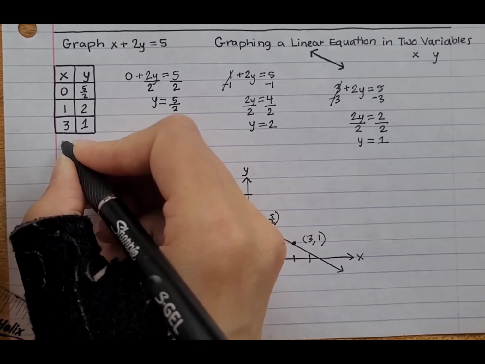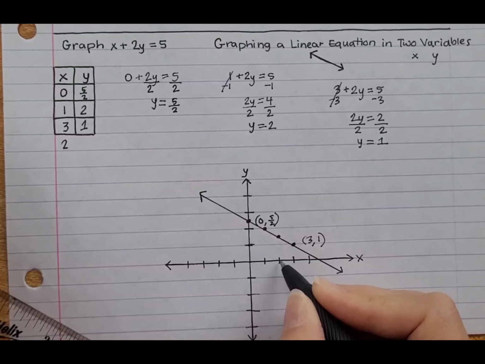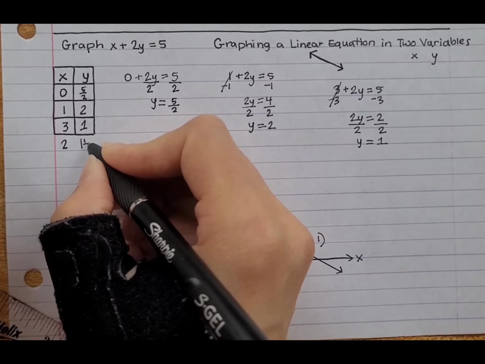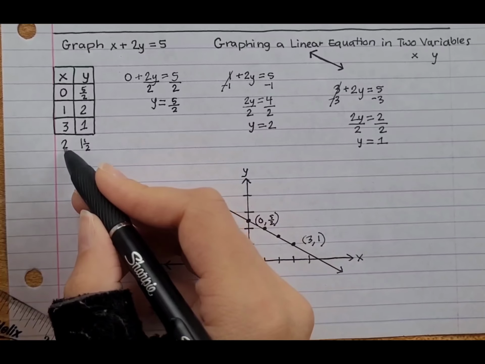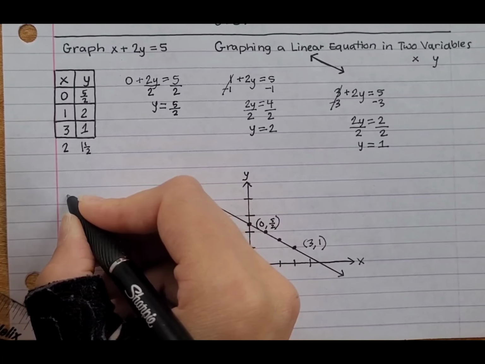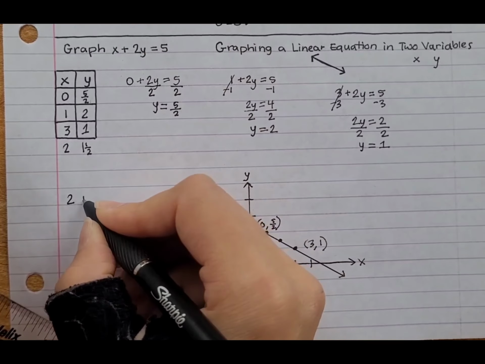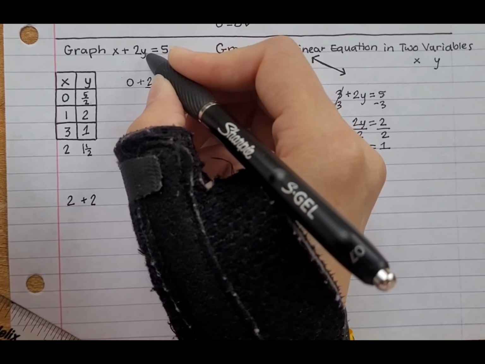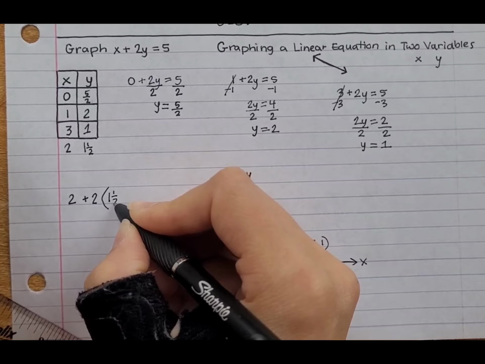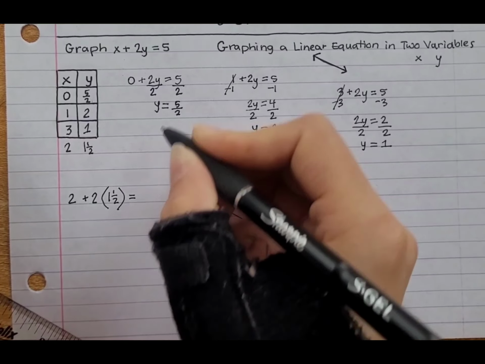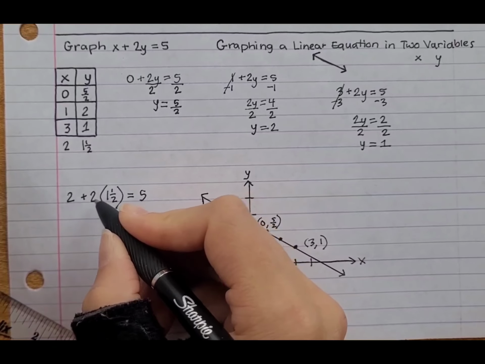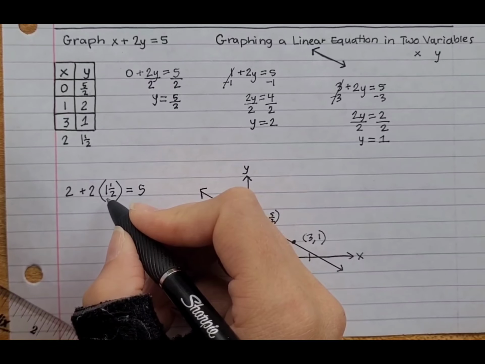So, over 2, up 1.5. So we went 2 over for the x and up 1.5. Okay, so 2 is our x, so that's going to go in for the x. We're going to add the 2 times y. Our y was 1.5, and this should equal 5. So, order of operations, we need to multiply here first.